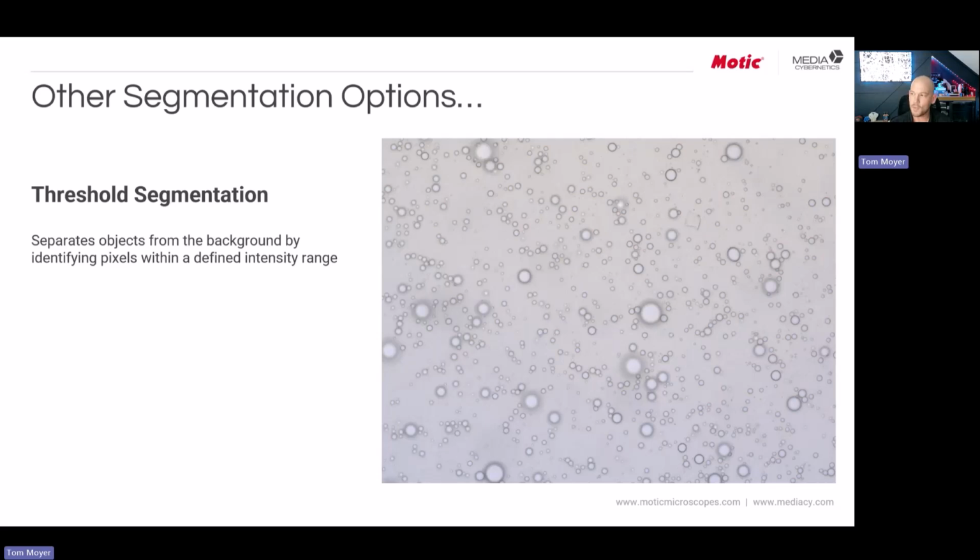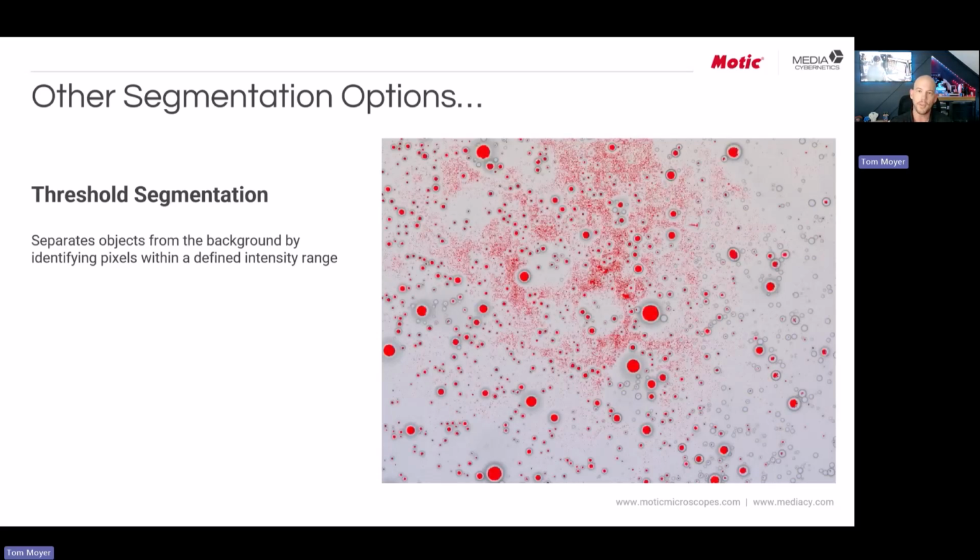And I chose the globule application up front because even though visually I can see where these globules are, when it comes to image analysis, it's actually a very difficult thing to extract the globules from the background.